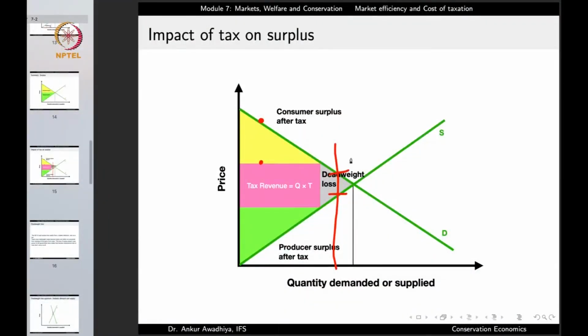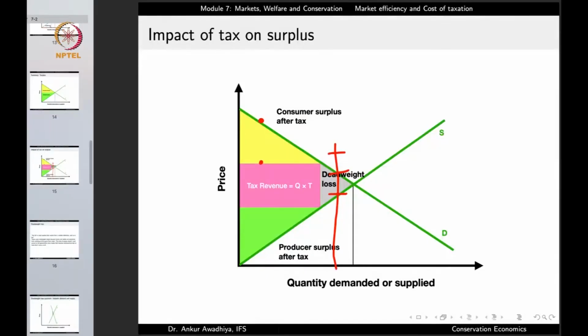But because of taxation, it is now no longer lucrative for the seller to produce the good at this quantity, at this high cost, because when the seller has to pay the tax, the point with the tax would reach above the demand curve. So this transaction just does not occur in the market because of the tax. This is a transaction that was earlier possible, that was earlier benefiting both the buyer and the seller, but because of the taxation, it no longer happens because it is not beneficial to the buyer and the seller.